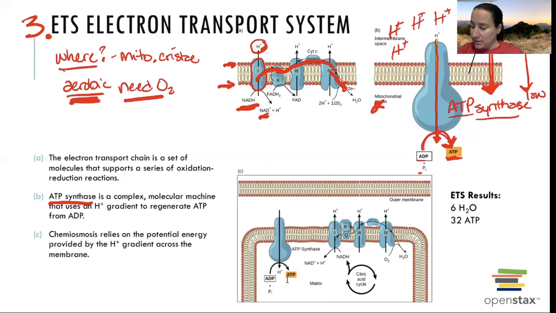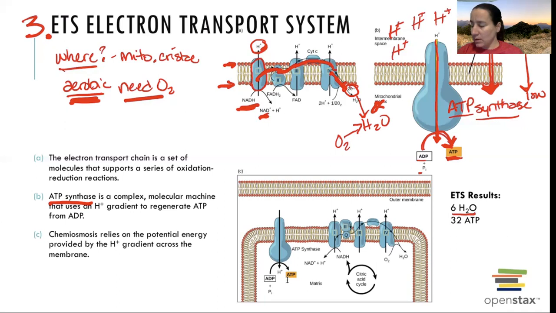So we have all these hydrogens coming along, and we're going to bind them with the oxygen. And in the end, we're going to produce H2O, using the electrons, snapping them back on with their hydrogens and the oxygen. We're going to create H2O when we do that. So our byproduct at the end of cellular respiration is going to be water.